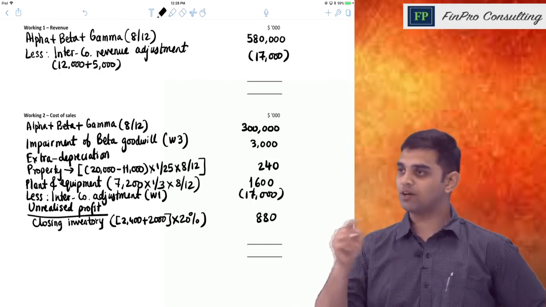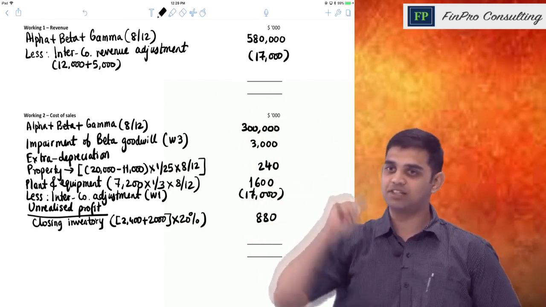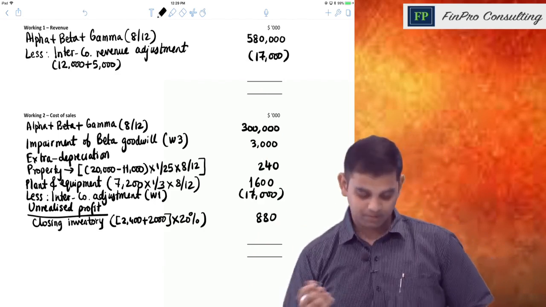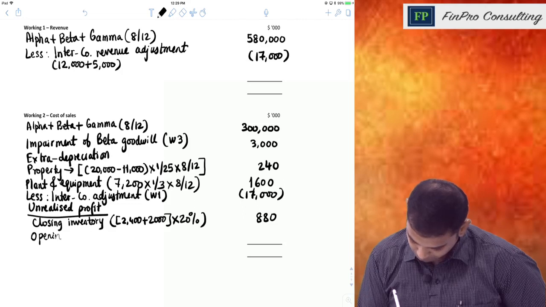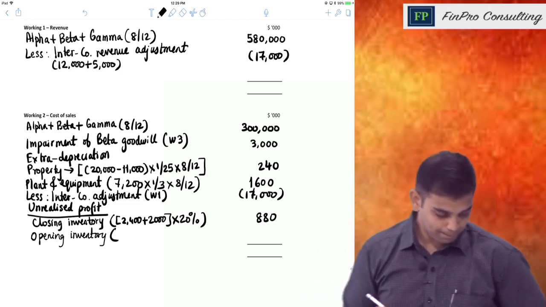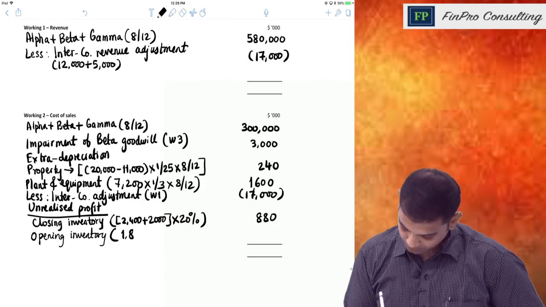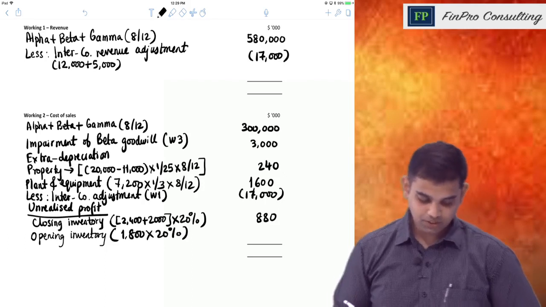Now I have computed on closing inventory, but there is also an opening inventory which I had reduced in the last year. So I'll have to take a reversal impact of the opening inventory. So next, opening inventory. I think it was only for beta. So it was 1800. 1800 into 20%, which is 360.